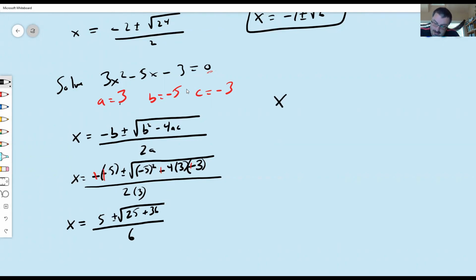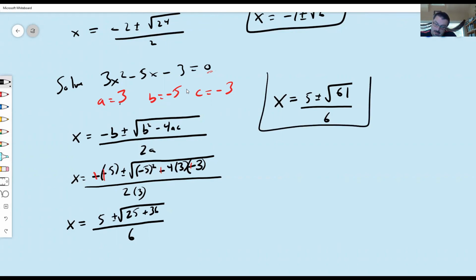Or 5 plus or minus the square root of, well, 36 and 25 add to 61, all over 6. If I could simplify the square root of 61, I would, but 61 is a prime number, so there it is.